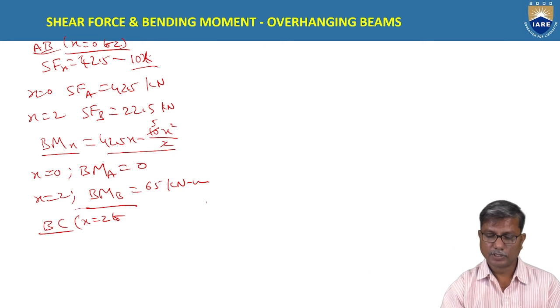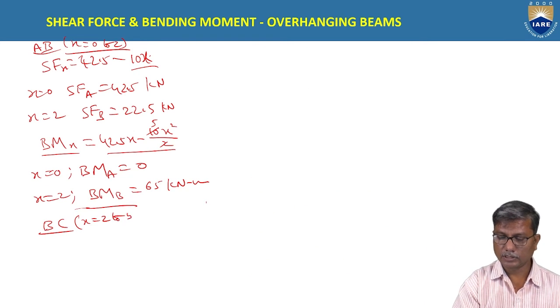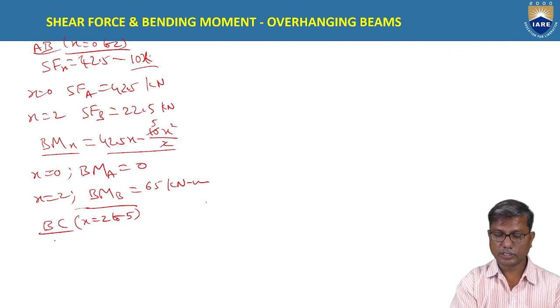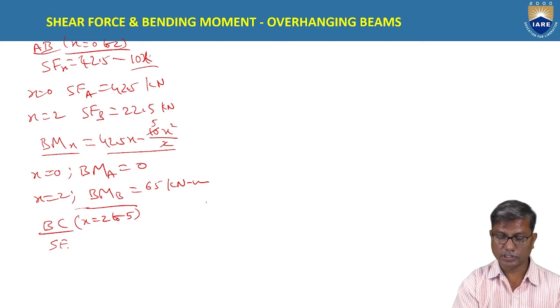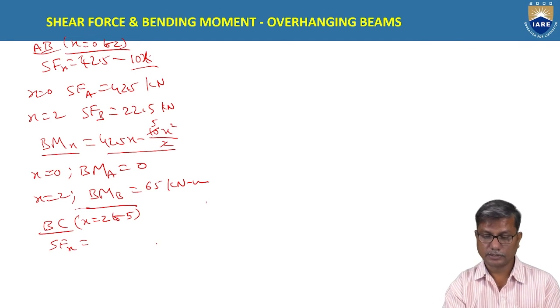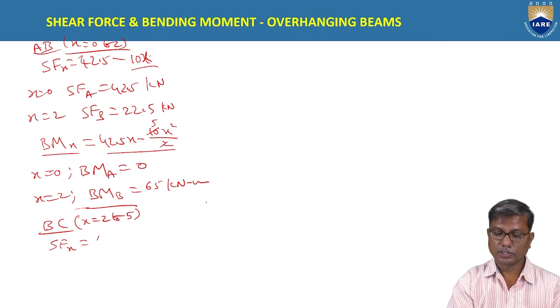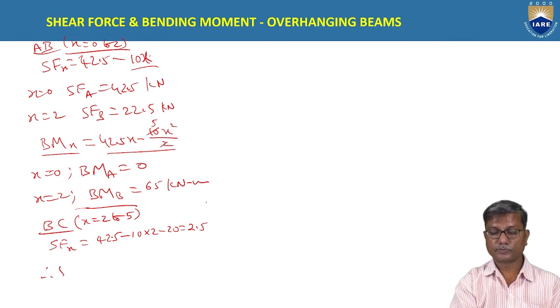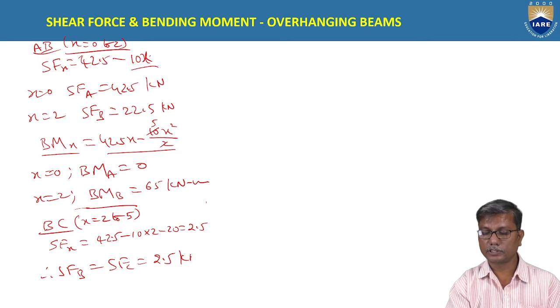Shear force remains constant because there is no load between B and C. Therefore, the shear force at B and at C is 2.5 constant.